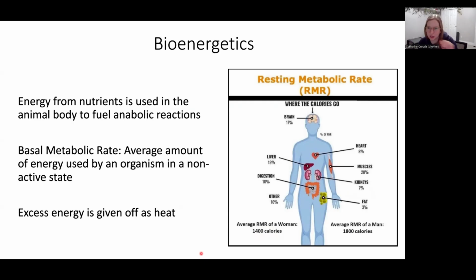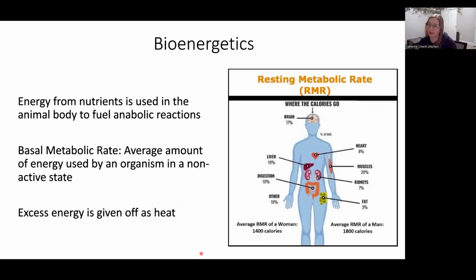So when you're just sitting and reading a book or maybe napping, but you're not using any extra movement or energy or thinking very hard, your calories are going to be involved in keeping your heart pumping, keeping your digestive organs working, keeping your brain active, making sure that you blink periodically, keeping your respiration rate going. All of those things cost energy even when you're not doing something. So that's your basal metabolic rate or your resting metabolic rate.